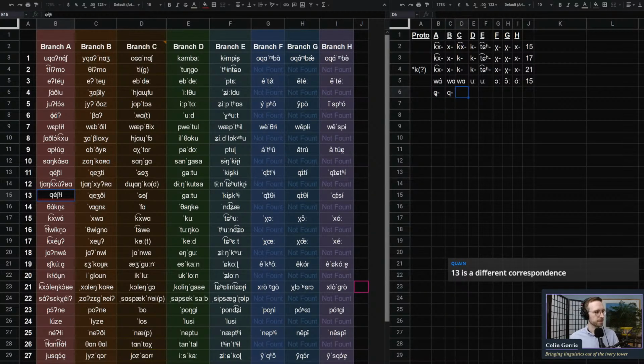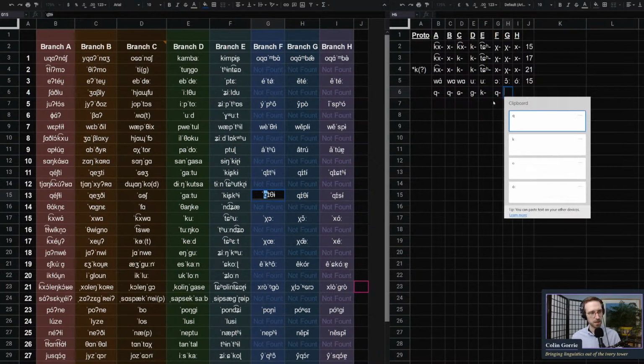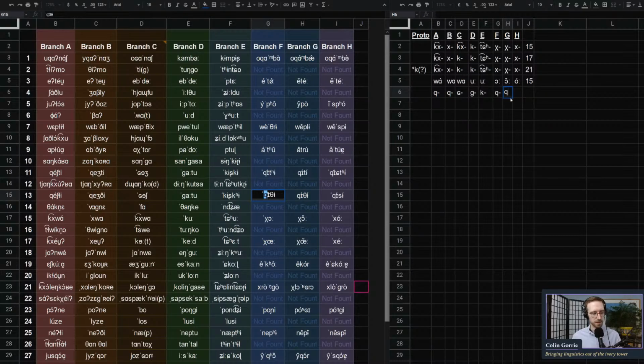We have these uvulars. We have then velars in D and E. And we have uvulars in F, G, and H. It's just a Q. And yeah, 13 is a different correspondence set.